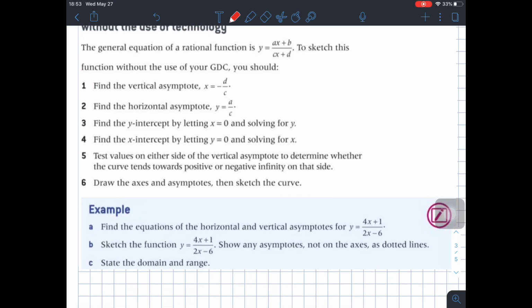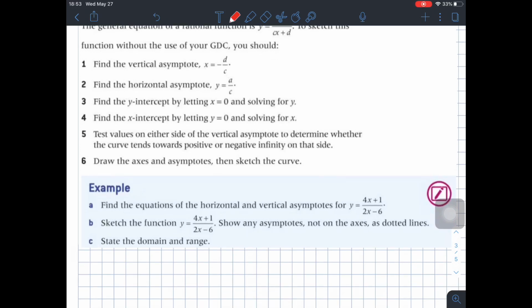First step, find the vertical asymptote, which is found by setting the denominator to 0. Step number 2, find the horizontal asymptote, as we just saw in the investigation. Number 3 says find the y-intercept by letting x equal 0 and solving for y. Fourth step, find the x-intercept by letting y equal 0 and solving for x.